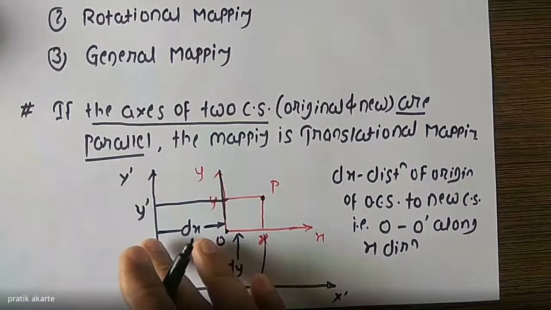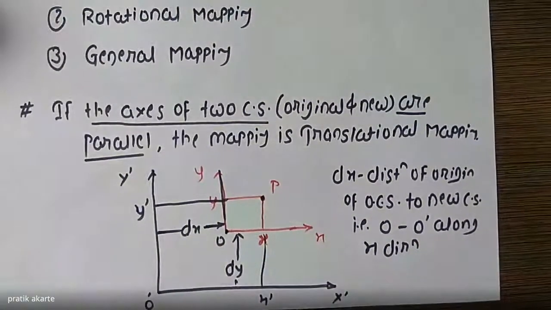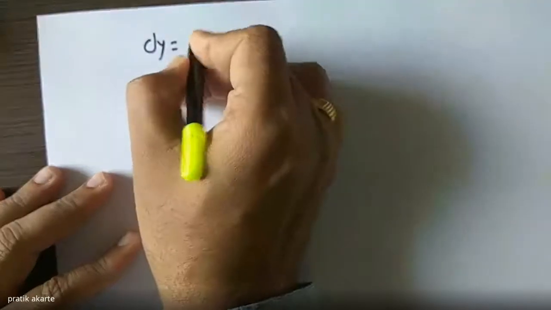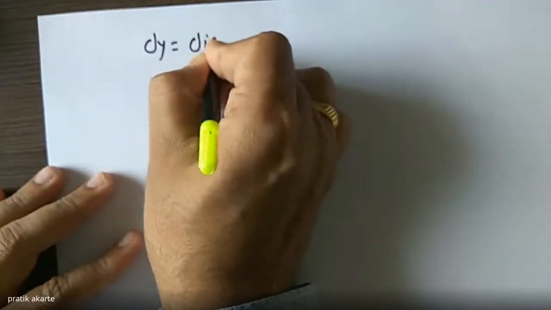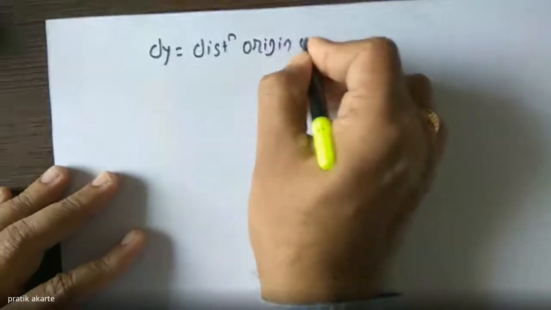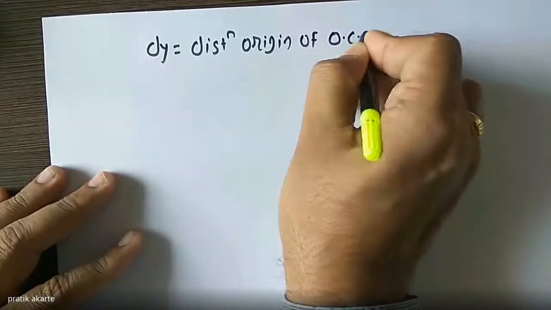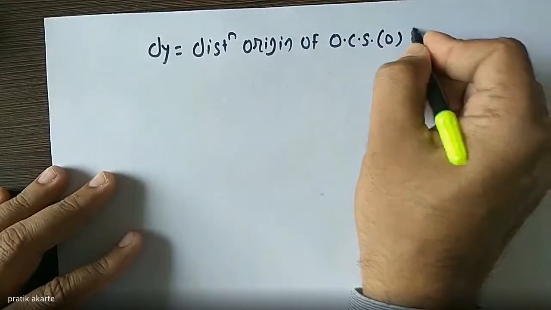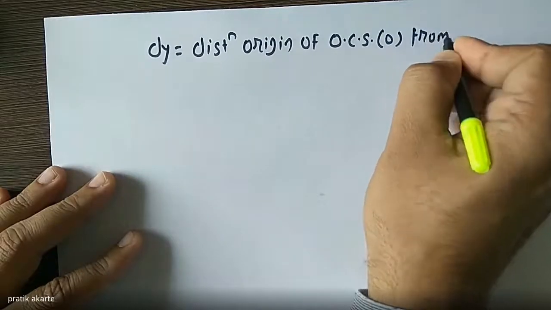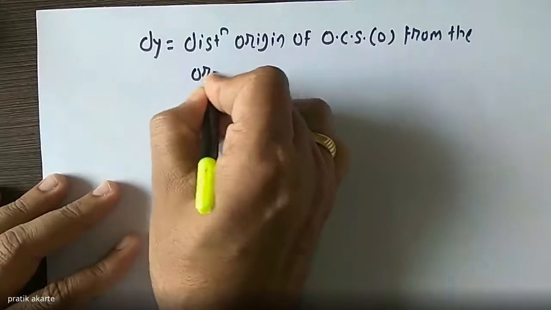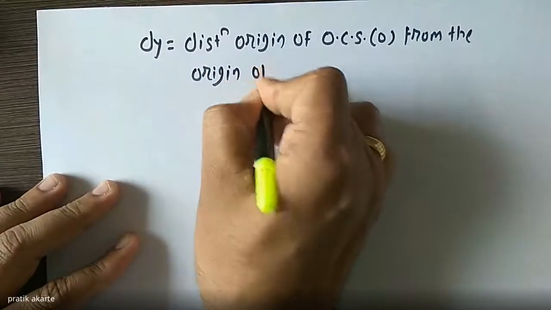Now what is dy? On the same lines, dy is the distance of the origin of the original coordinate system, that is your O, from the origin of the new coordinate system.